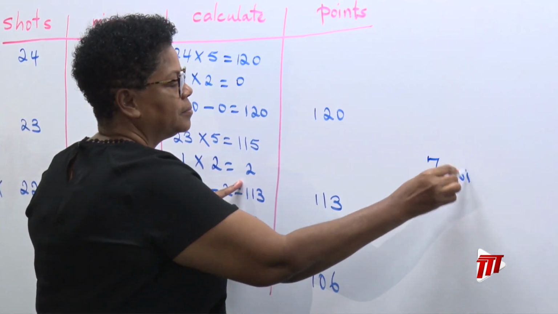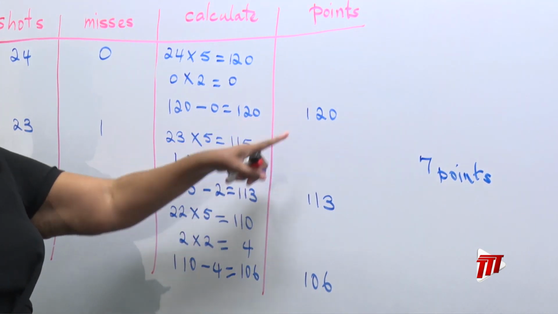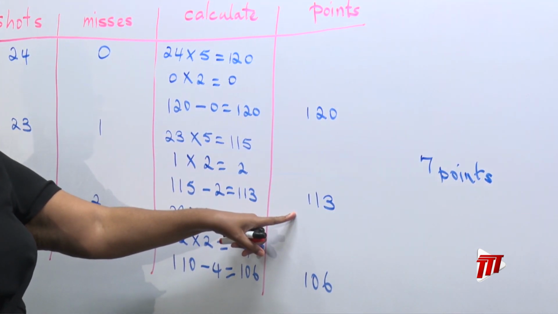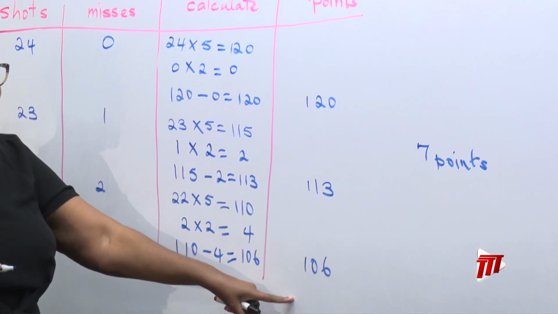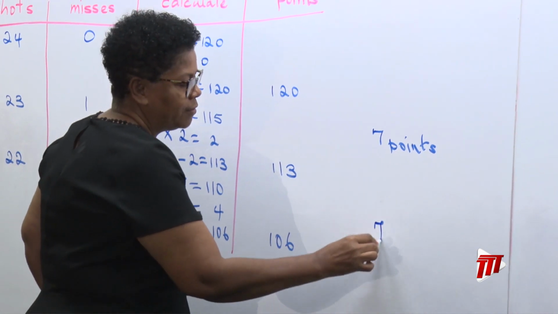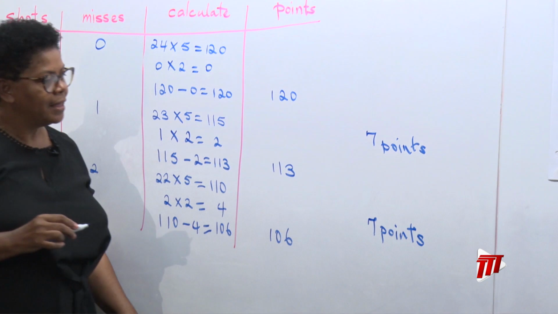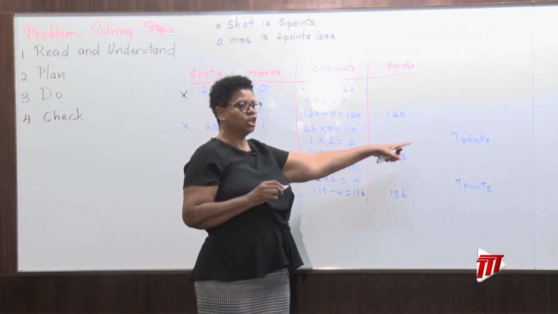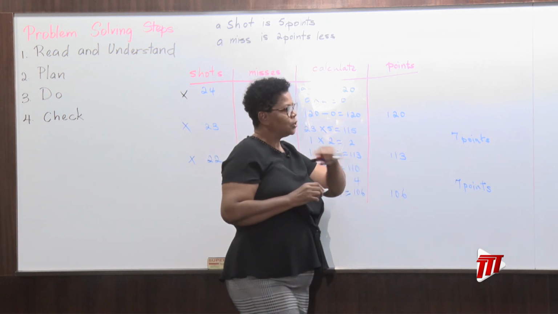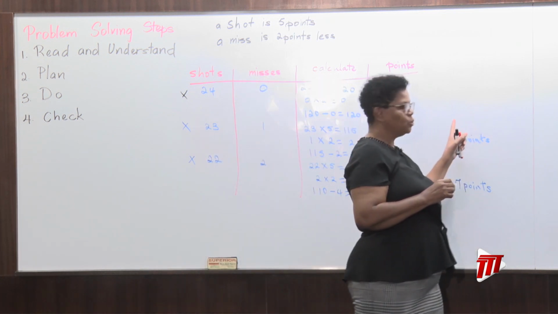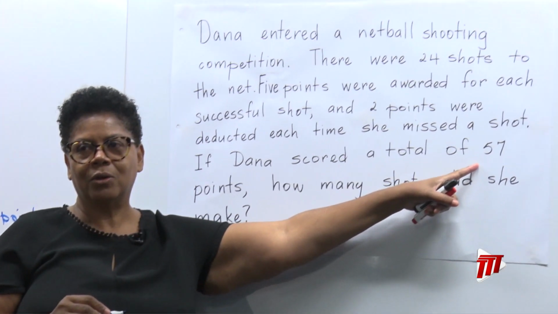And we also notice between 120 and 113 is a loss of 7 points. We also notice that between 113 and 106 is another loss of 7 points. So it means that each time she missed, she lost 7 points. So then we can use that pattern to help us to solve it quicker.